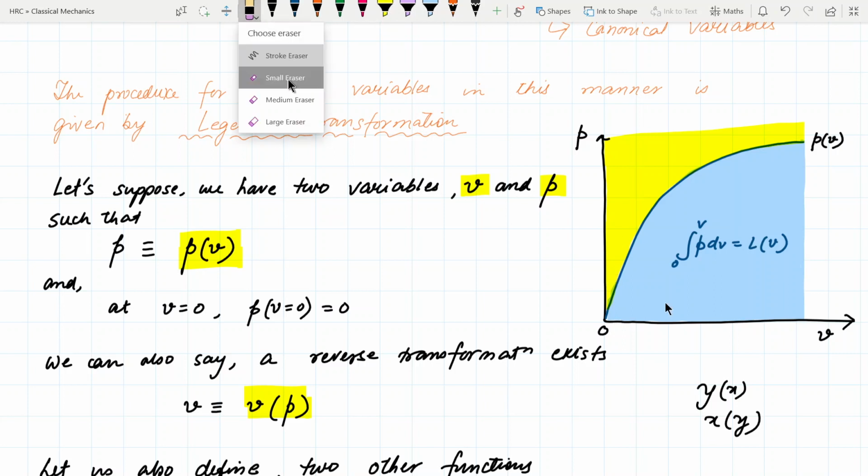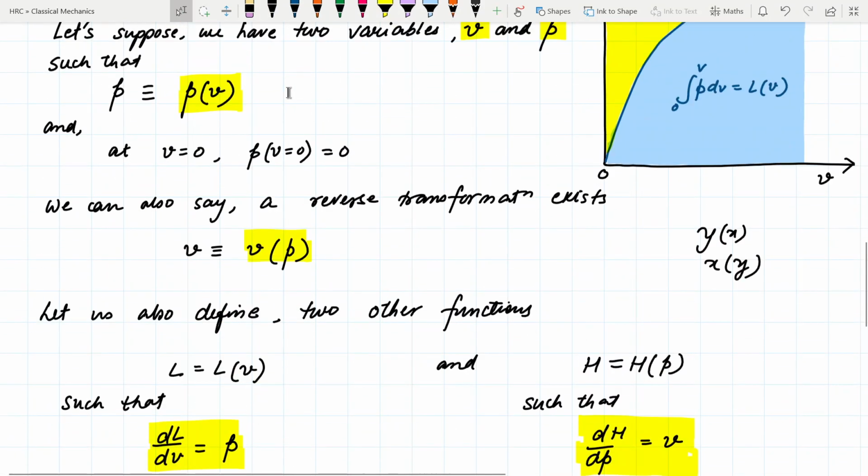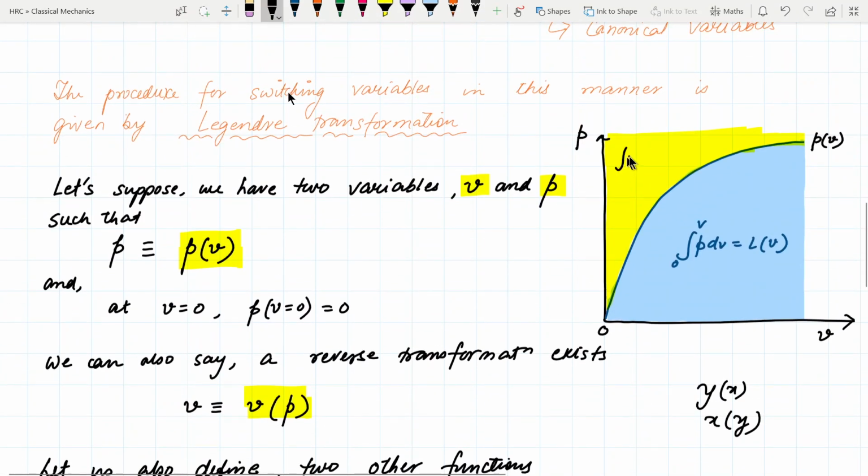It represents this area, like this. So this is the integration of v dp from 0 to p.